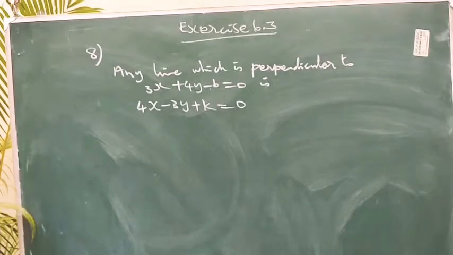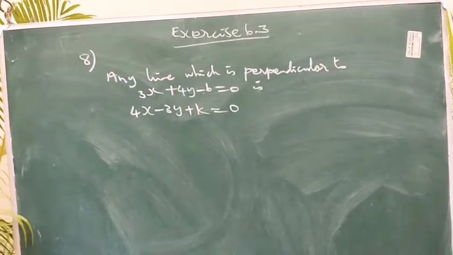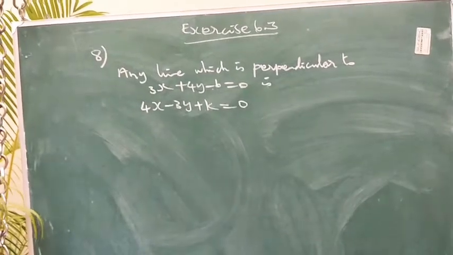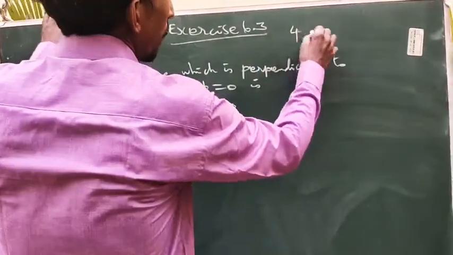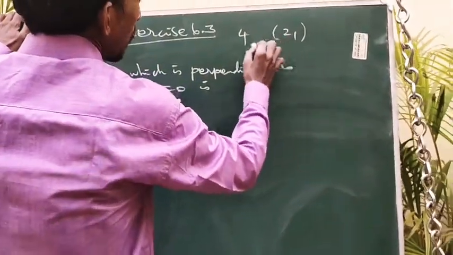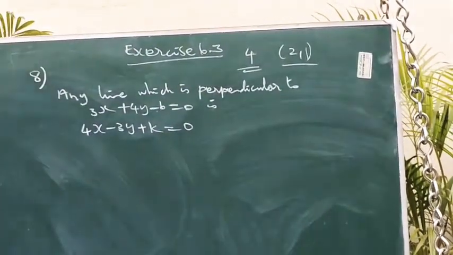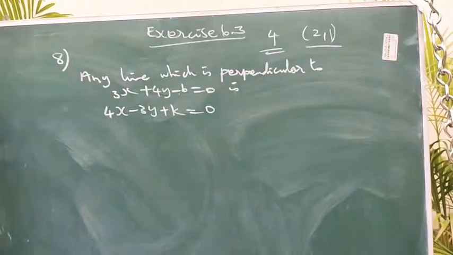Also it is given that the required straight line is 4 units from the point (2, 1). Take that also and use the same formula.